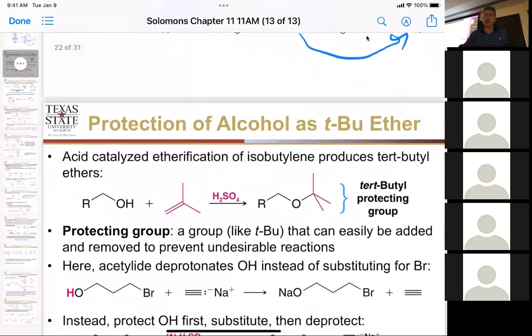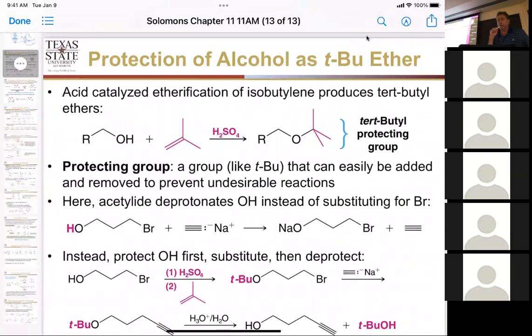Okay. So what if you want to run a reaction, and the reaction you need to run uses a very strong base, like an acetylide ion or something else? In this case, we're using an acetylide ion here. What's wrong with an alcohol in this case?